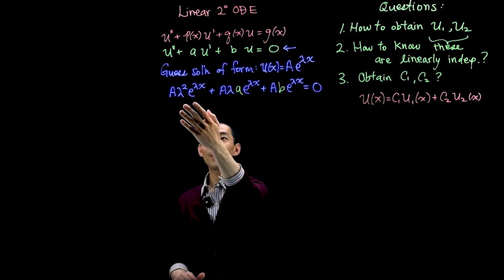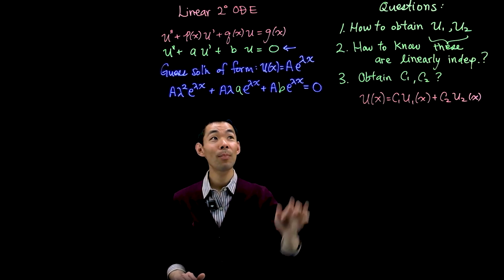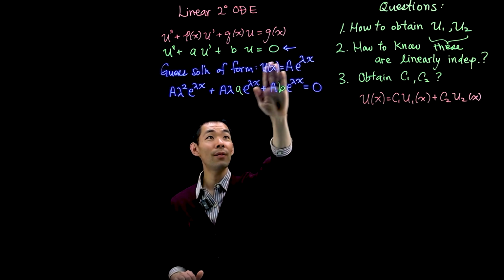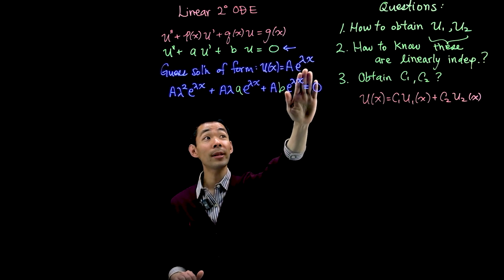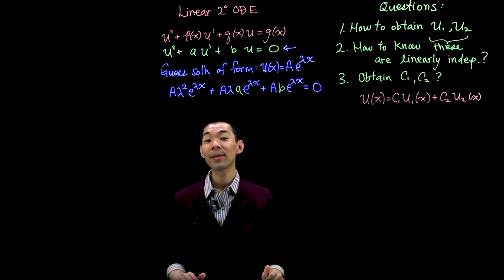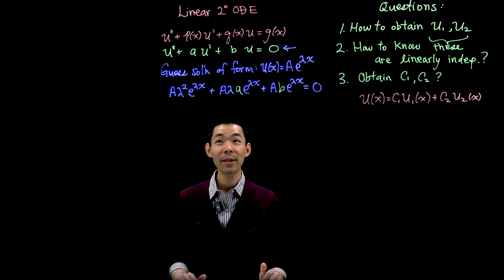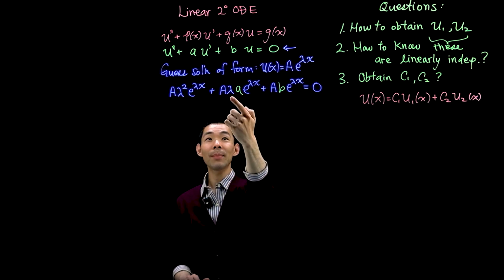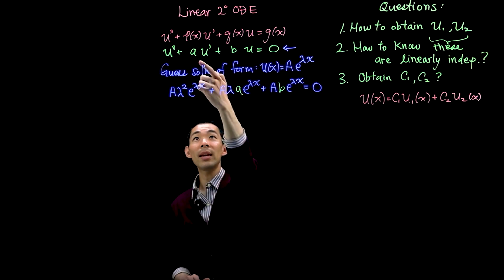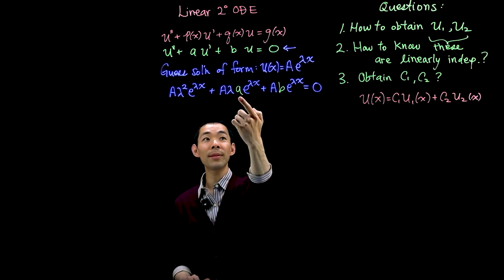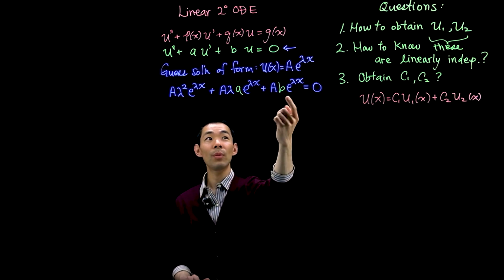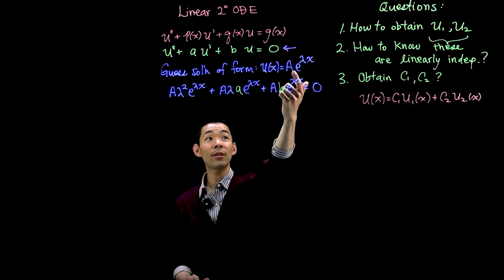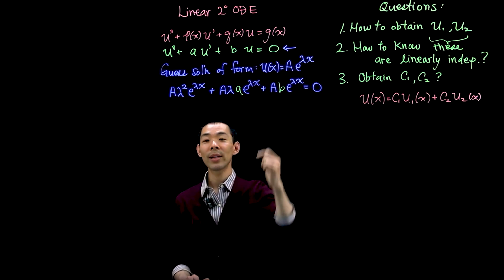In the first term, you get two lambdas to come out because when you take two derivatives of u of x, our guess, with respect to x, lambdas just pop outside for a derivative of an exponential. The second term, we have only one lambda that comes out. This constant coefficient a just came straight down from the top equation. Finally, this last term, we plug in this form directly. The b just comes straight down.